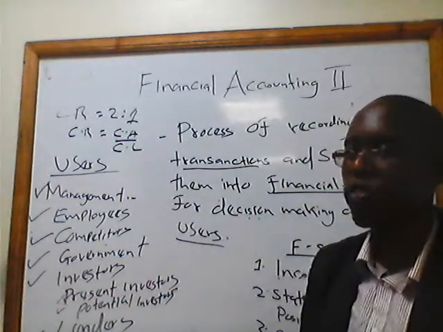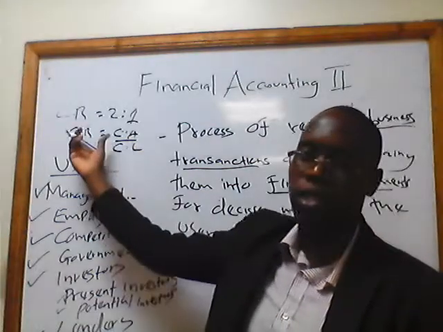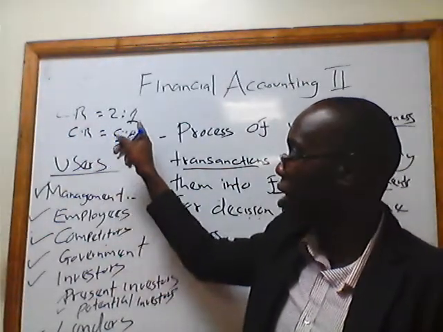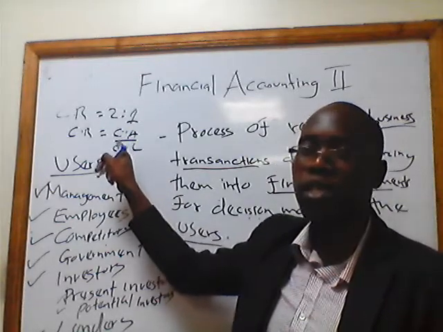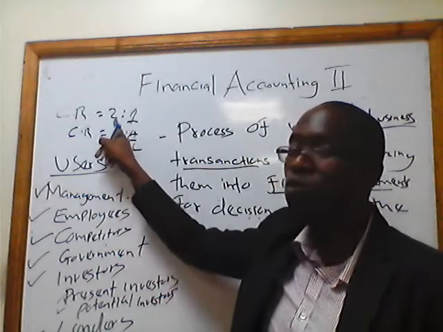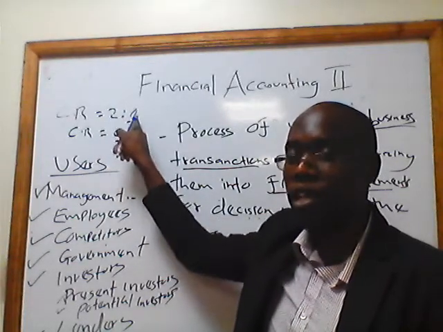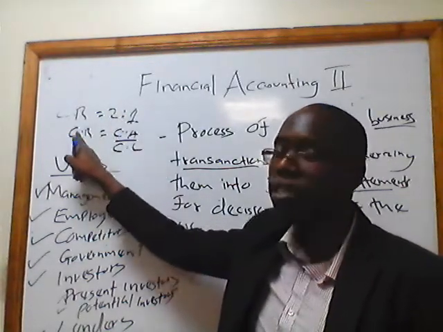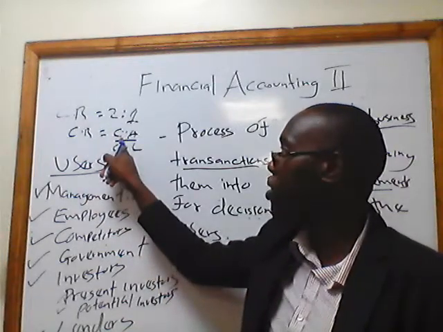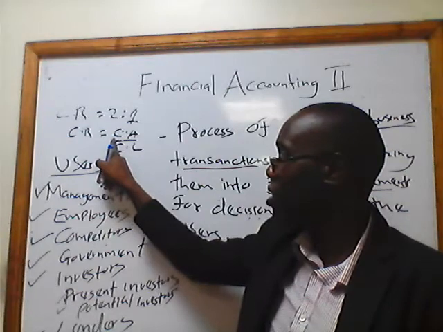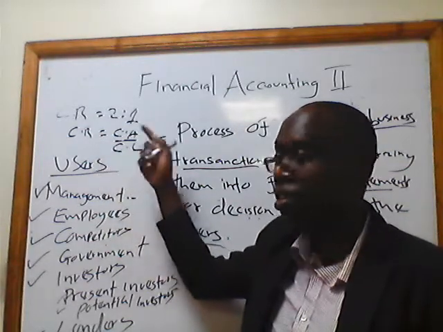When you are trying to do ratio analysis, this is how you calculate the current ratio. The recommended standard in the accounting standards is 2:1. The current assets should be double the current liabilities, because current assets are the ones that usually finance the current liabilities.